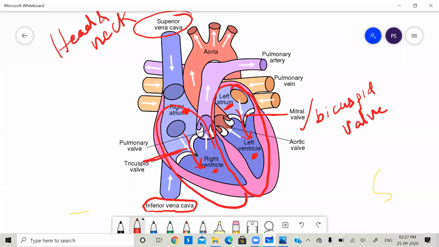Right. So this is the internal structure of the heart, and in the next class we will see how the blood pumps in the heart.